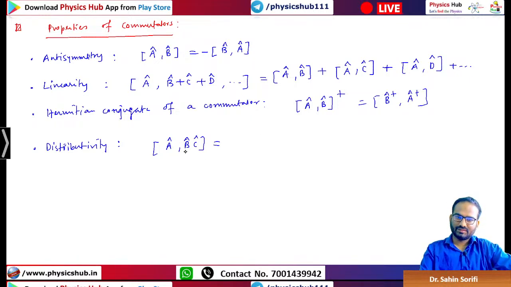BC is the second term, and in the second term, B cap is at the initial position and C cap is at the later position. So B cap will come first, B cap, then the commutator of A, C. Okay, try to understand very carefully what I am doing. Then you have to keep B and take out C. Now C is at a later position, so it will come out to the right.